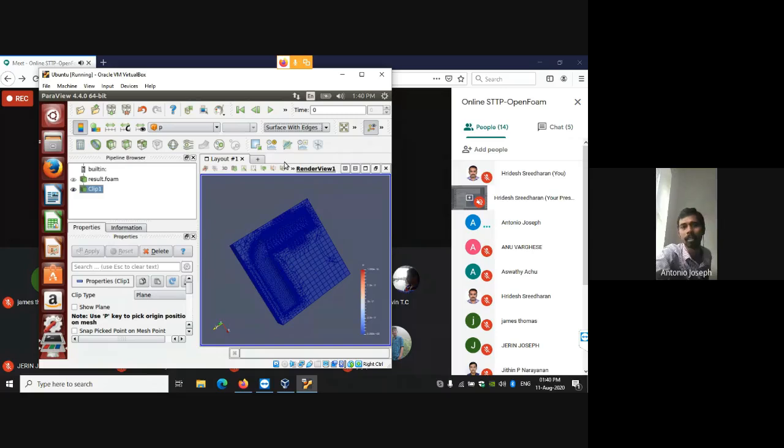And one more thing, if we look at this area, we can see some refinement at some particular region only. It's just because we had created a refinement region cylinder early, isn't it?